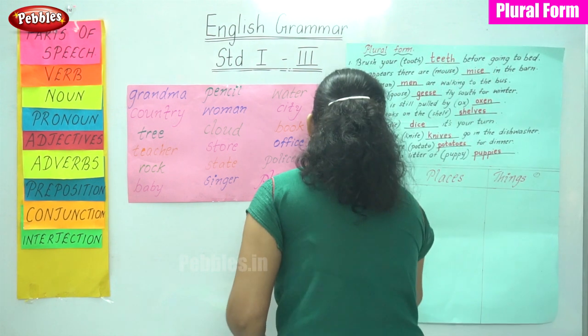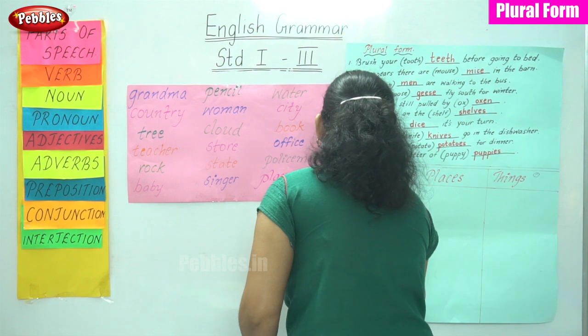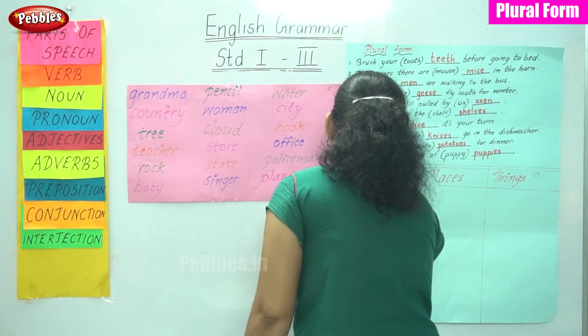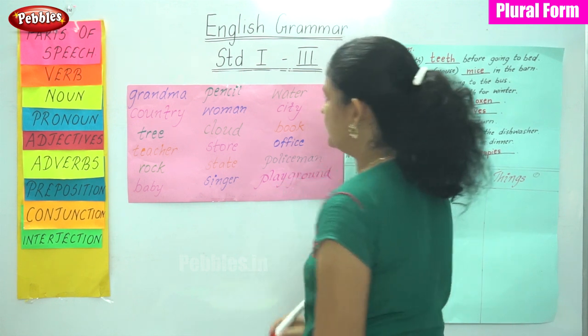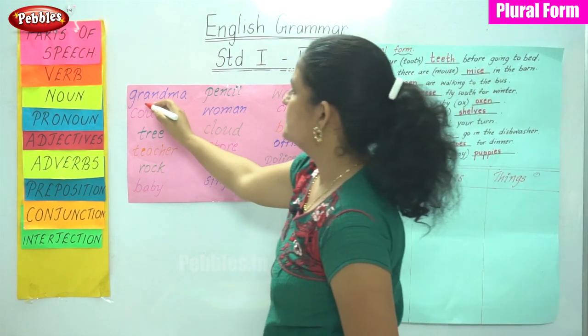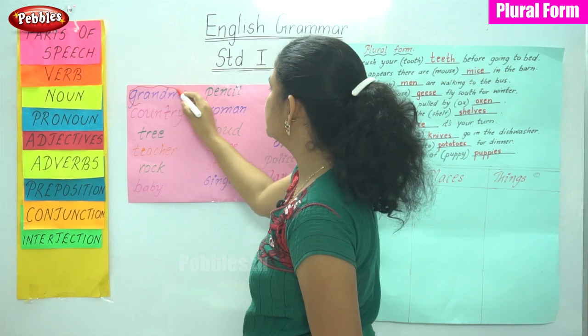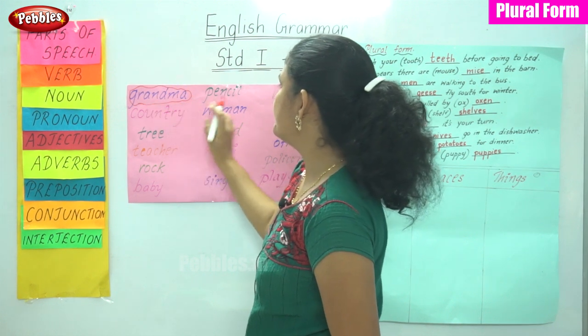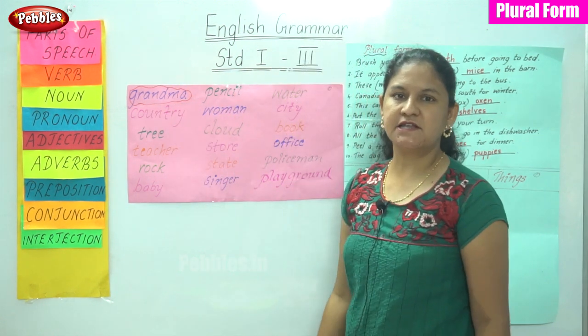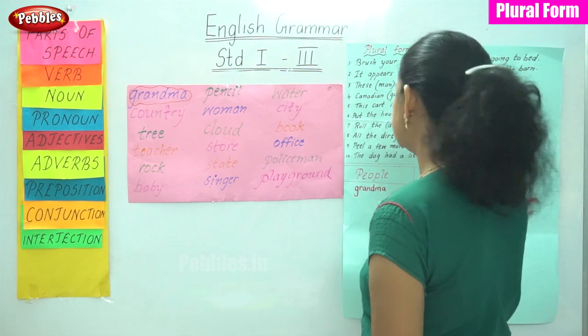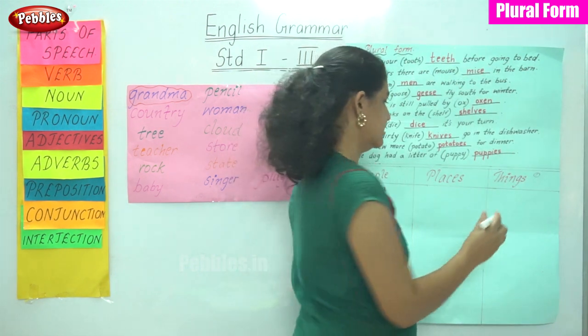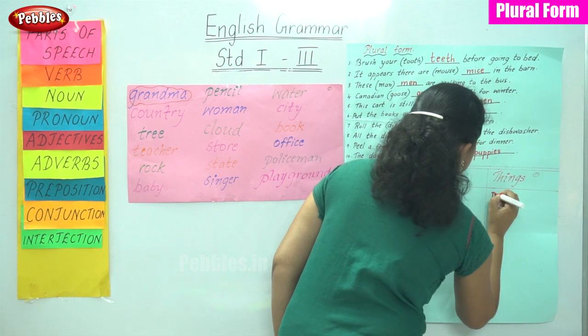So I write the word grandma. The next word is pencil. Pencil is the name of a thing, so I write it under things.